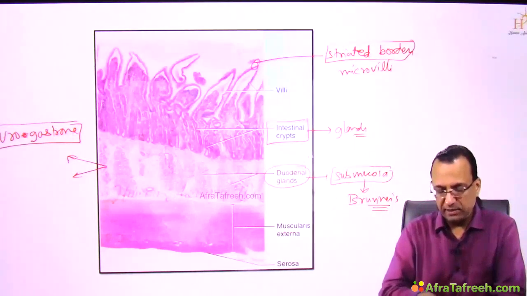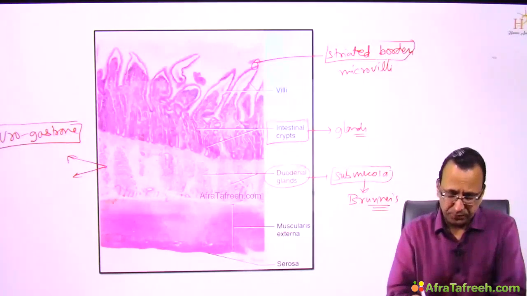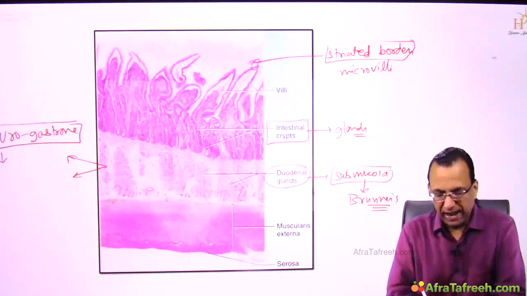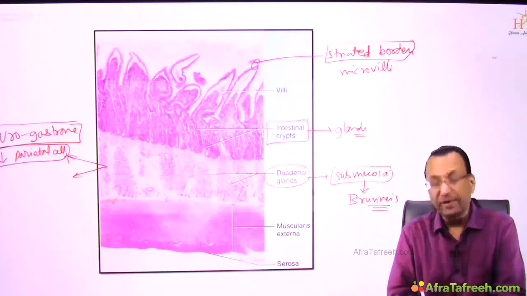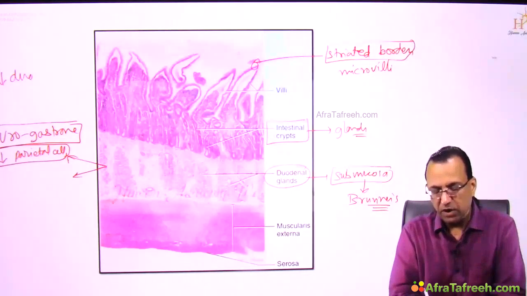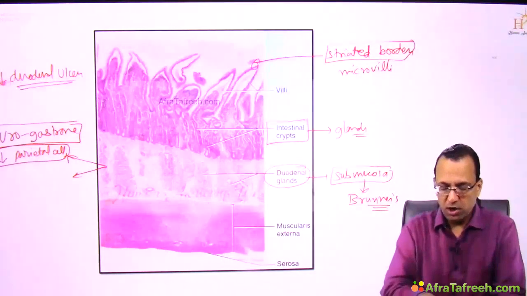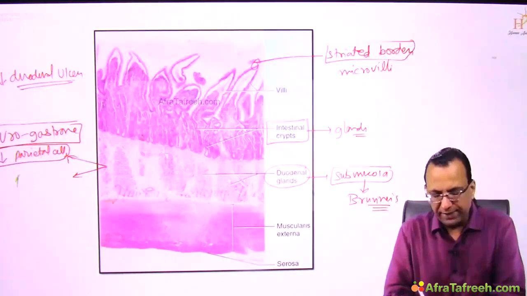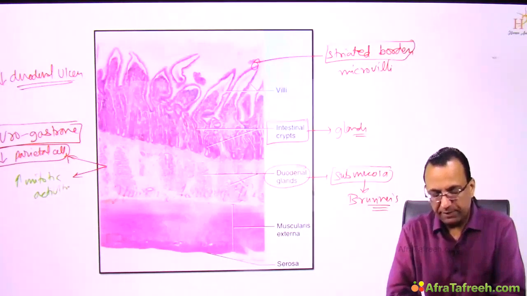Urogastrone is doing what? It will actually reduce the activity of the parietal cell so that there is less acid production. It is reducing the incidence of duodenal ulcer. And number two, it is going to increase the mitotic activity of the epithelium.